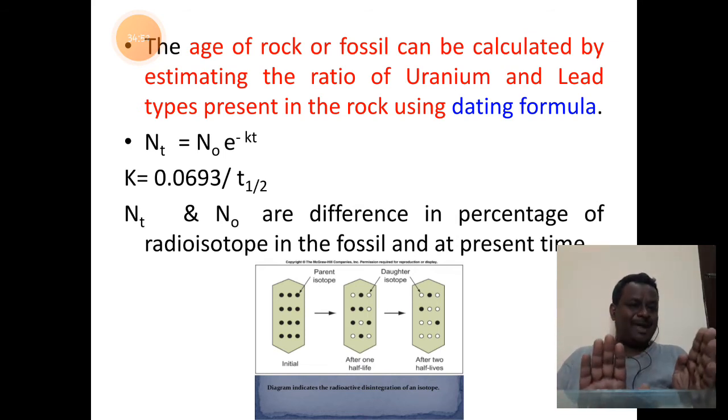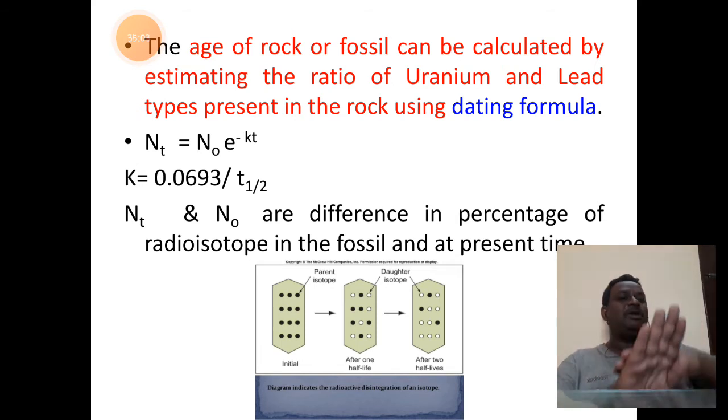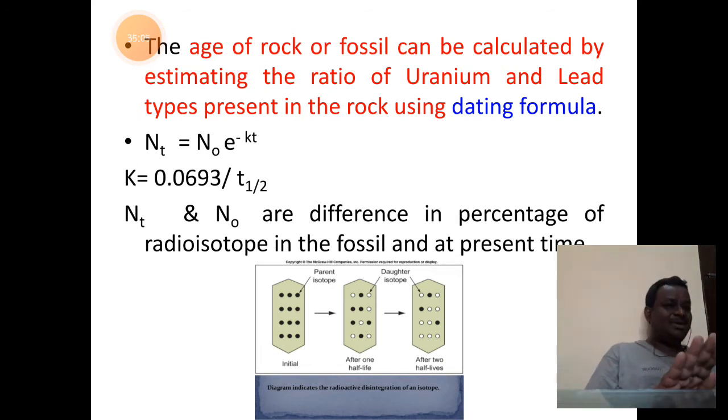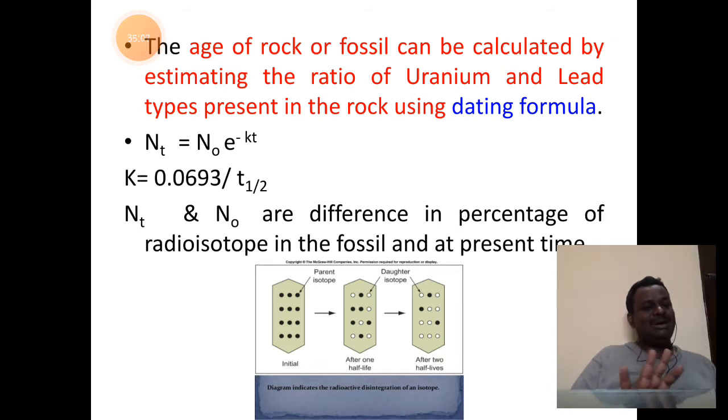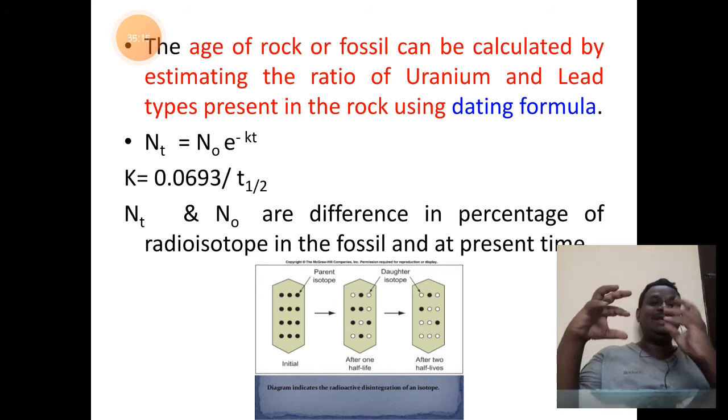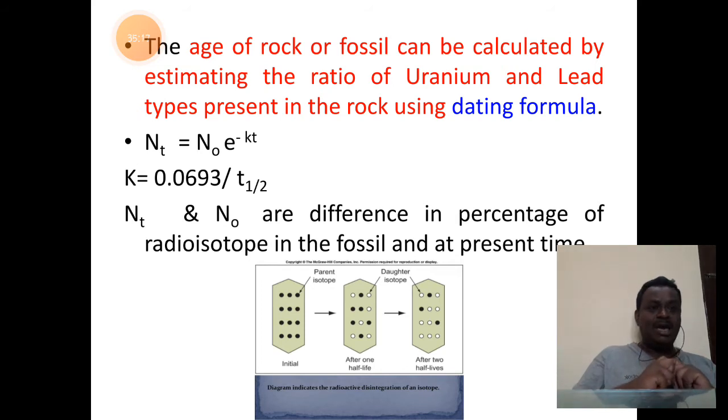Upon the first half-life period, 50% of it gets reduced and forms new lead atoms. Then again 50% of the remainder reduces to new lead atoms. So as the half-life periods progress, the original uranium keeps on decreasing, but it takes millions and millions of years.